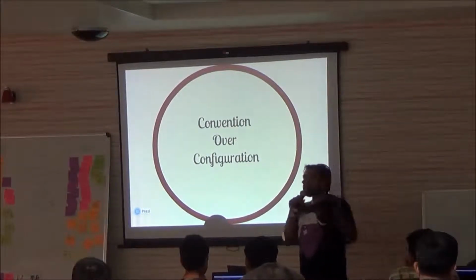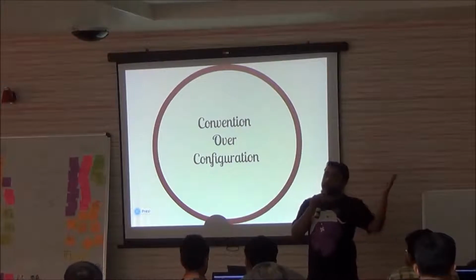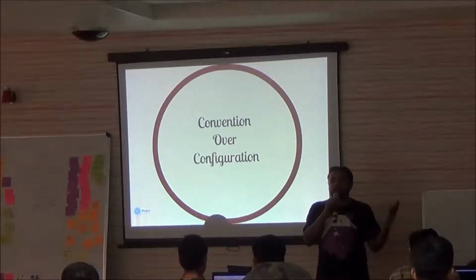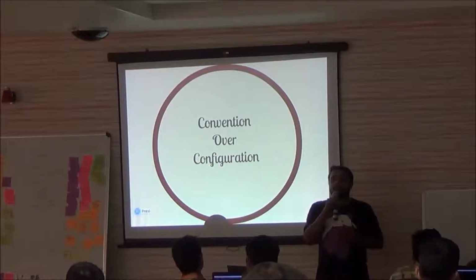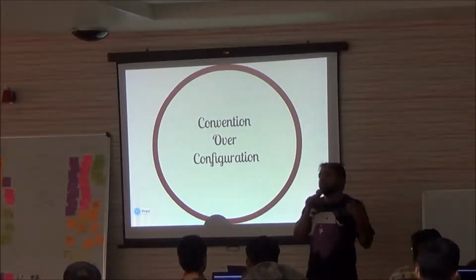So it is always convention over configuration, and this is where Ruby comes into picture, right? I think Ruby also follows a very, very similar protocol. And this is where you actually see that the creators of Ember have put in a lot of thought, where you need not actually sit and think about how you're going to wire up stuff. You don't need to define it.